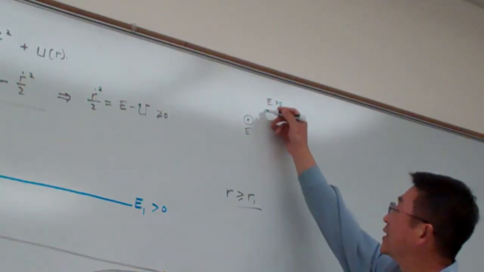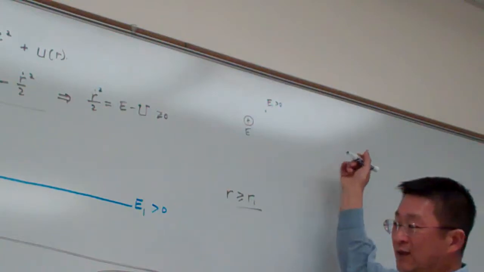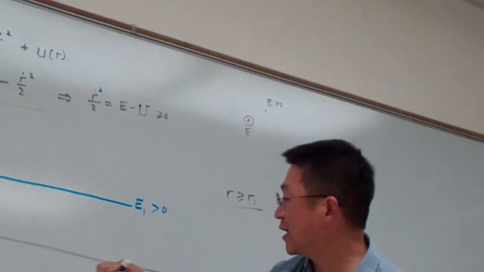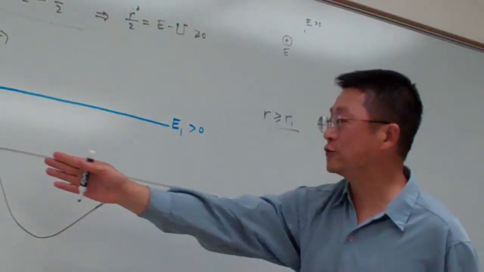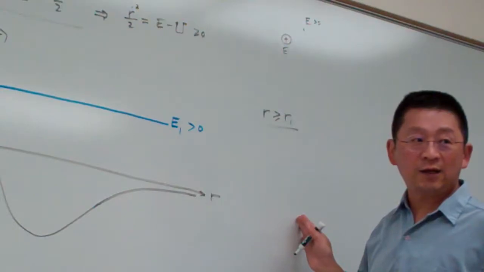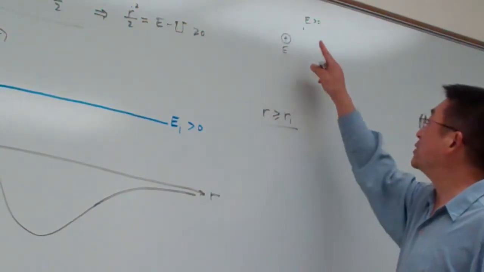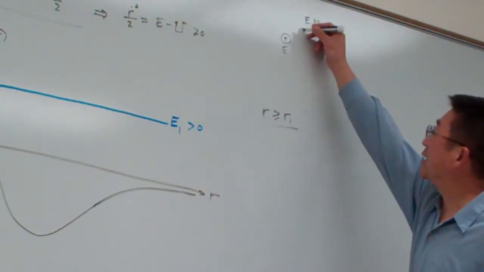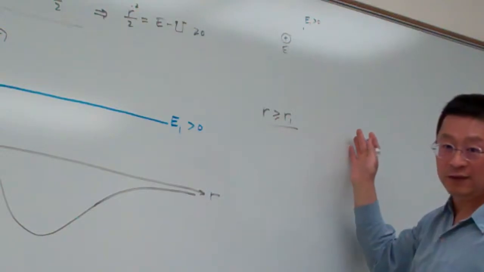That means it cannot get closer, but it can go to infinity. It doesn't say how far it will go before stopping, but it will go to infinity, because every point from here onward is a feasible position.